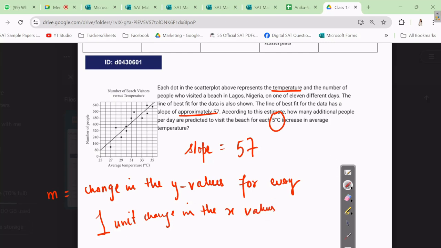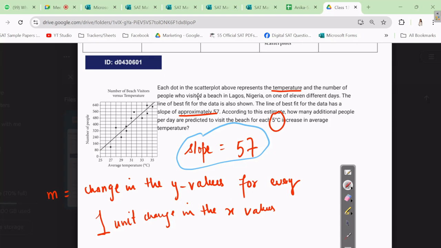This is important. I usually memorize slope as change in y over change in x, so that I don't confuse myself. That is correct. It is change in y over change in x. That is the graphical interpretation. But the real world interpretation, when we talk about real world context, the slope always tells us the change in the y values for every 1 unit change in the x values.